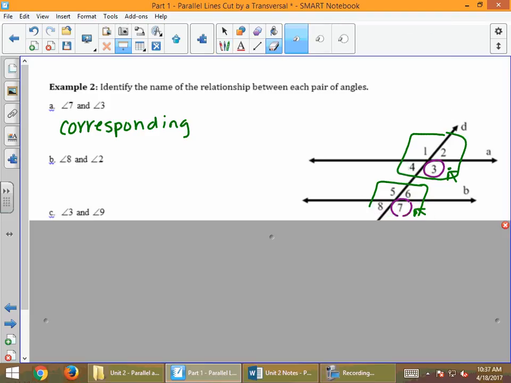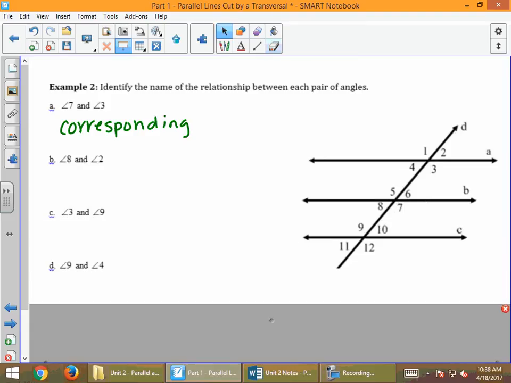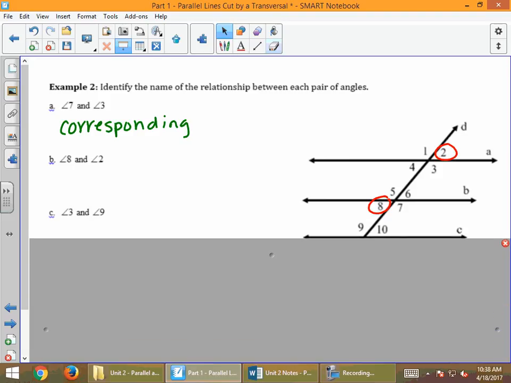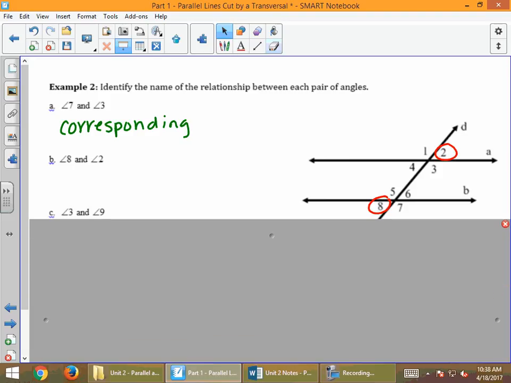Here's what I have. Now we're going to take a look at, use my shield, 8 and 2. So I'm going to circle angle 8 and angle 2. And again, if it helps, take a piece of paper and cover up that bottom half. Now we're just dealing with 2 lines. Okay, so take a look at how they're oriented.